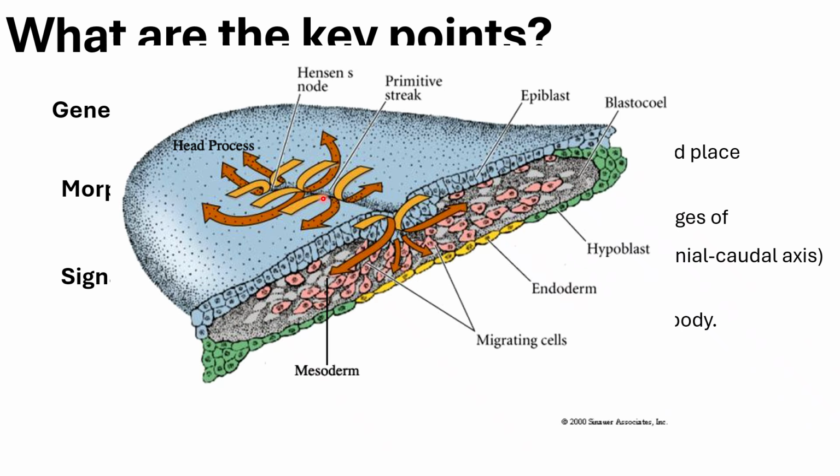And here you can see that the primitive streak is also the area which starts to dictate which cells should eventually go deeper and form a middle layer aside from the top layer. And then, of course, it will also have your bottom layer. So the formation of these three layers: the topmost layer is your ectoderm, the middle layer is your mesoderm, and the innermost layer is your endoderm.